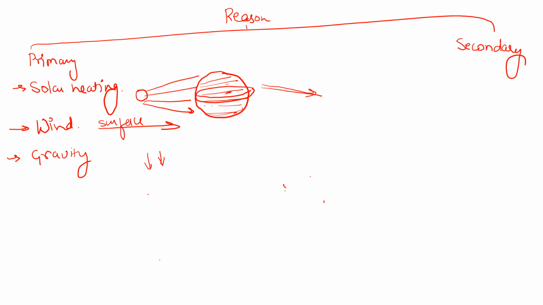Thus, there's a gradient or a slope being created. This is the high gravity area. This is the low gravity area. The water sinks here, and here it is not that much attracted towards the center. The water from this region tends to fill in the sink in this region, and the movement of water takes place. And this is another form of current.